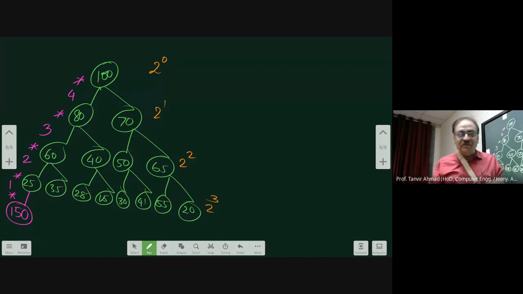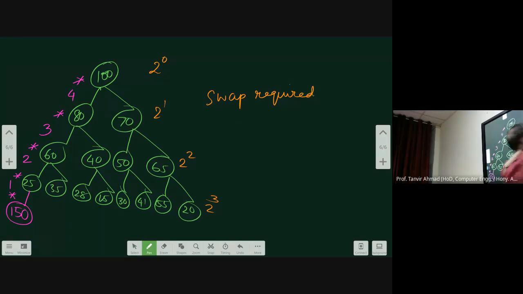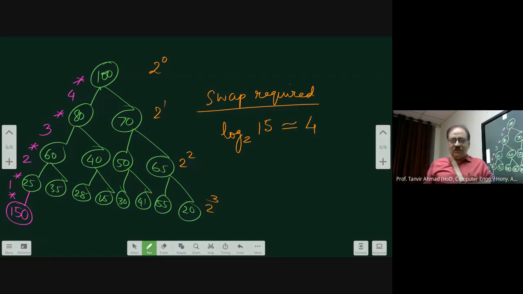Then how many times did you require swapping? You required 4 times.